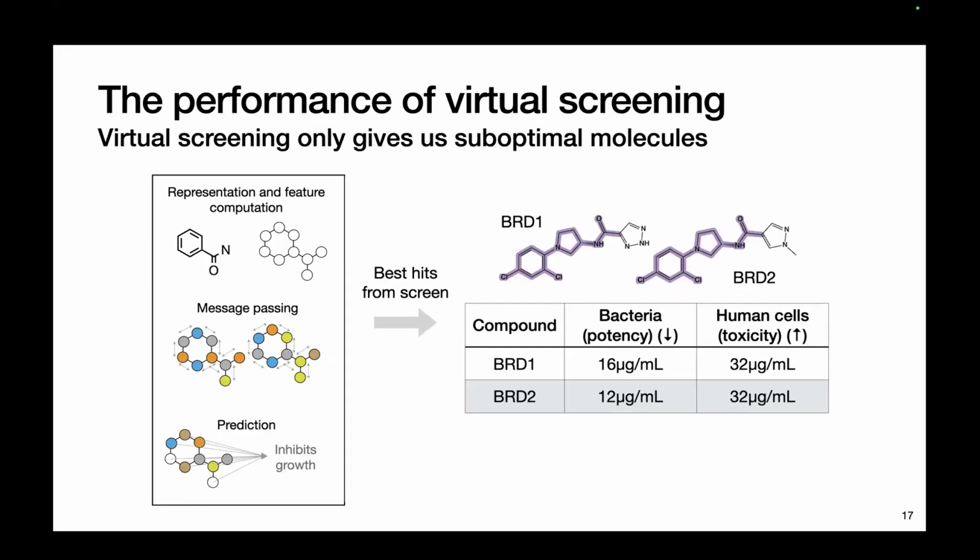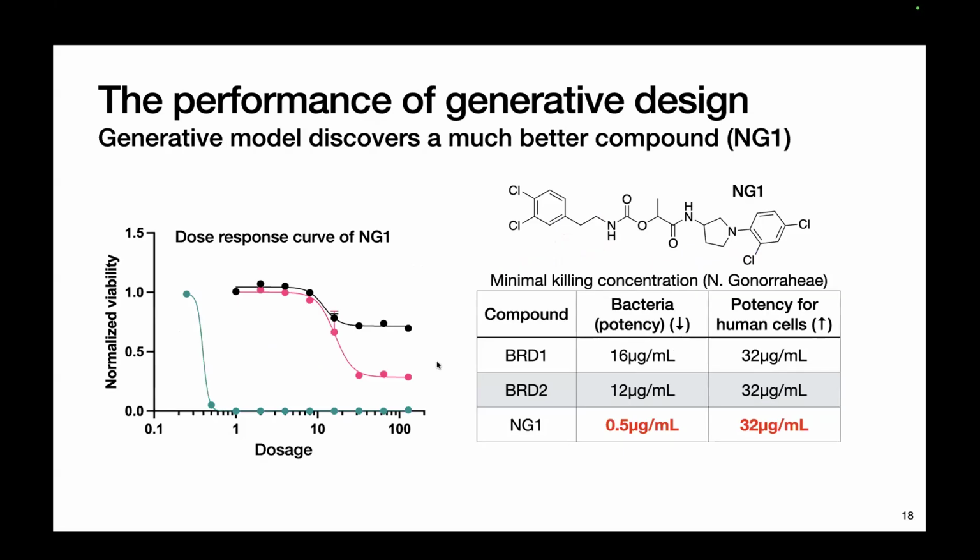If you look at its activity on human cells, if you just double the dosage of these two compounds, you can already kill the human cells very well. So this is not an ideal type of candidate because they have pretty low selectivity, right? Ideally, you want to kill the bacteria with a very low dosage, but require a very high dosage to be toxic. So you want a large difference between these two, right?